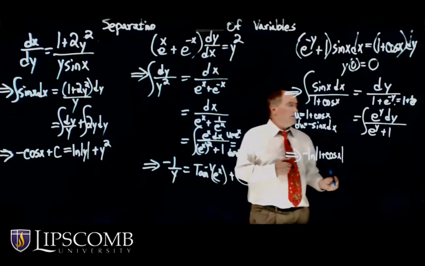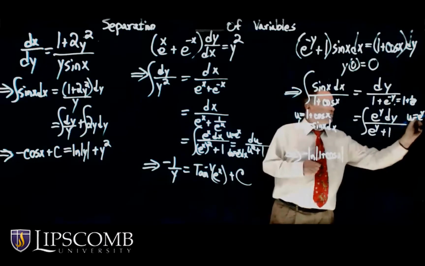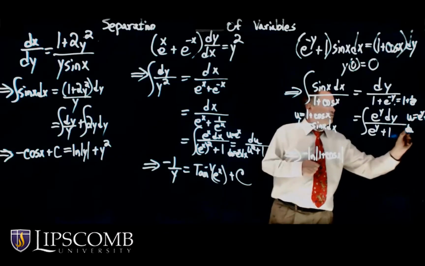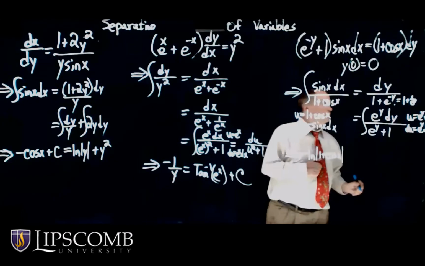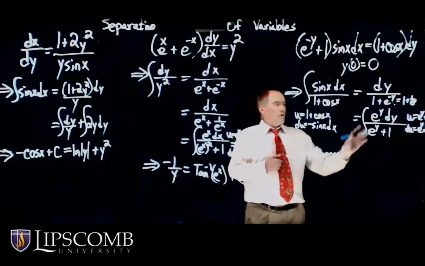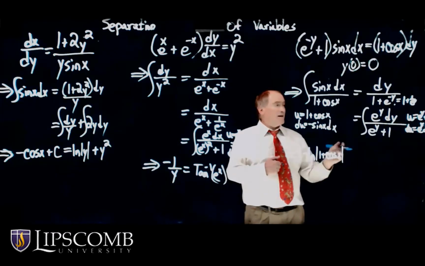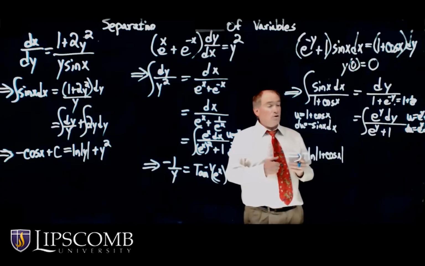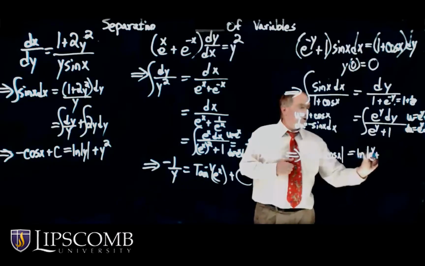On this side, I'm going to let u be e to the y plus 1, so du is e to the y dy. So, what do I get? I get, again, natural log of u. So this would be natural log of absolute value of e to the y plus 1.